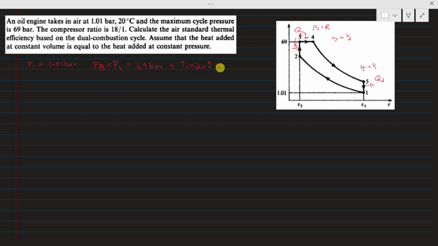If you convert that into Kelvin, just add 273, it becomes 293 Kelvin. Next, the compression ratio, which is the maximum volume to minimum volume, V1 by V2, is equal to 18.